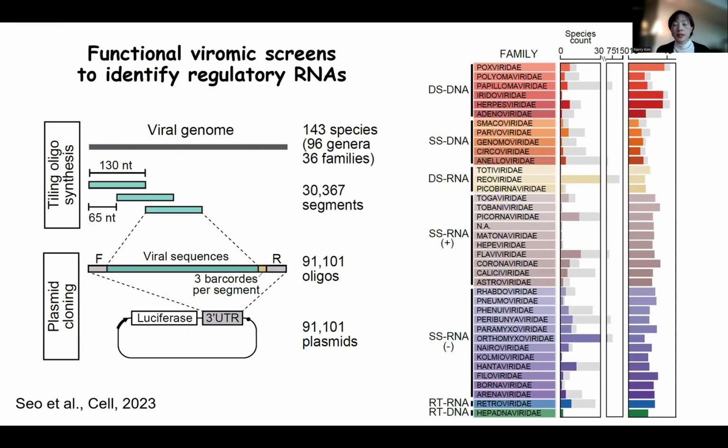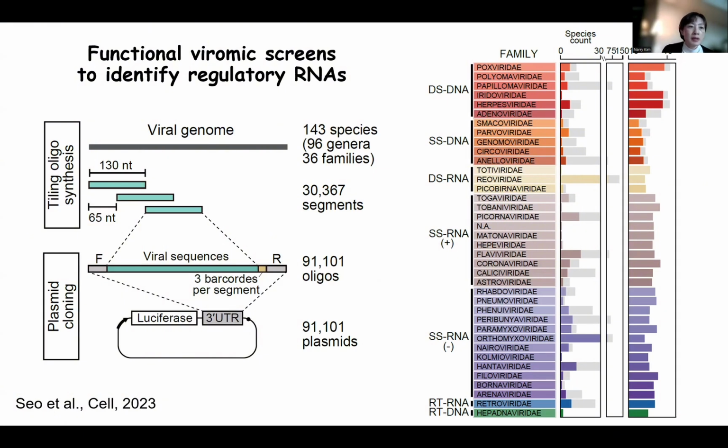We ended up selecting 143 representative species from 96 genera and 36 viral families, and we took their genome to design oligos to tile their genome with 130 nucleotide window and 65 nucleotide step size.